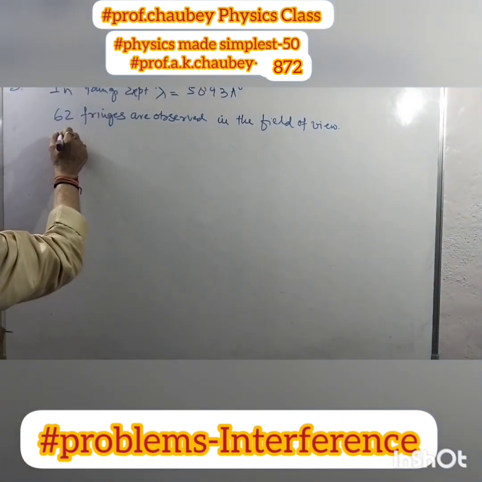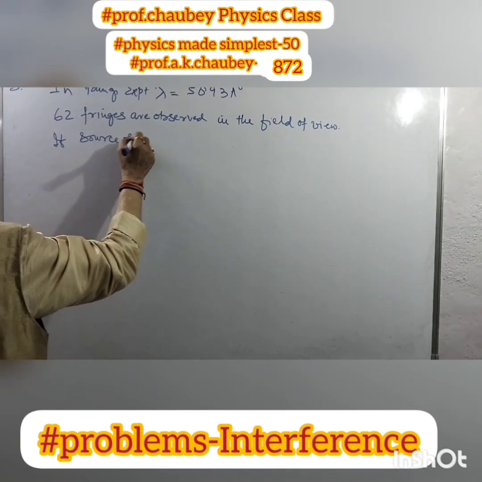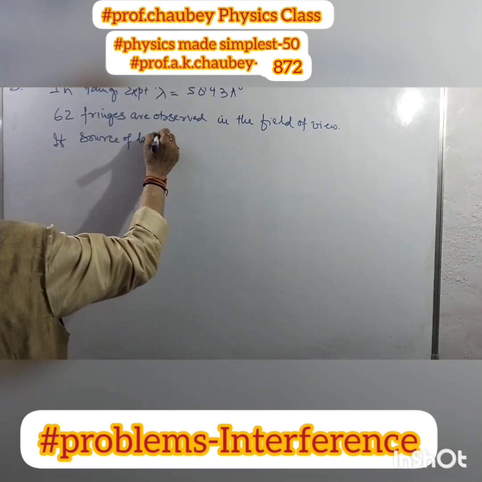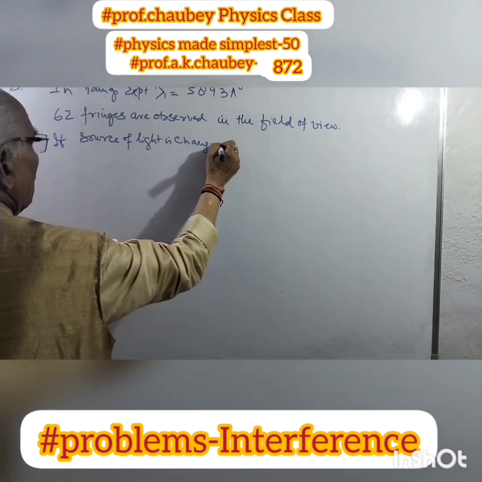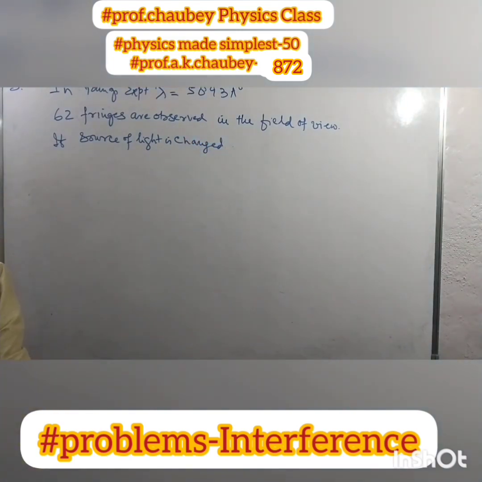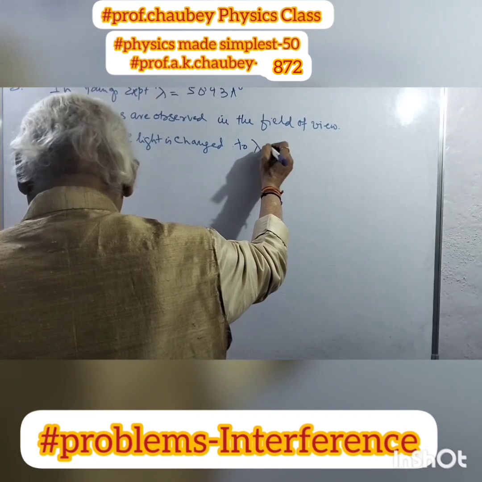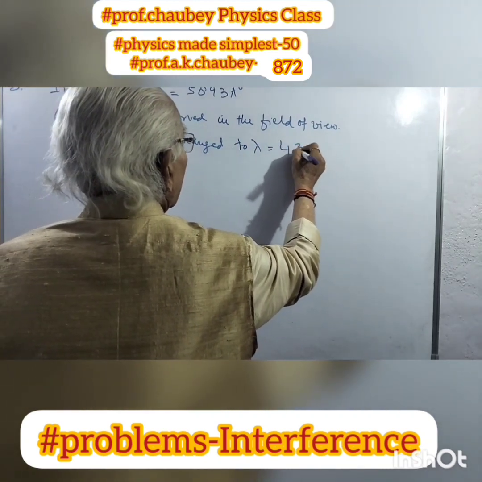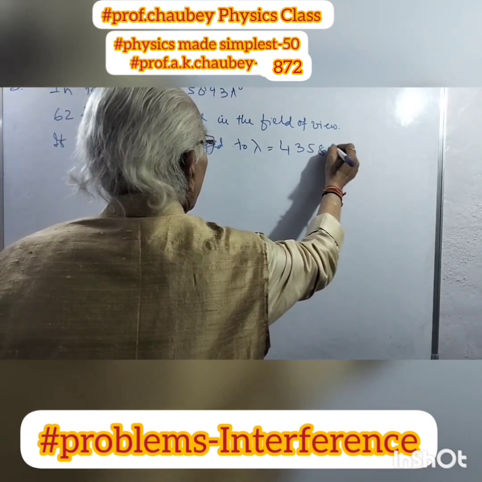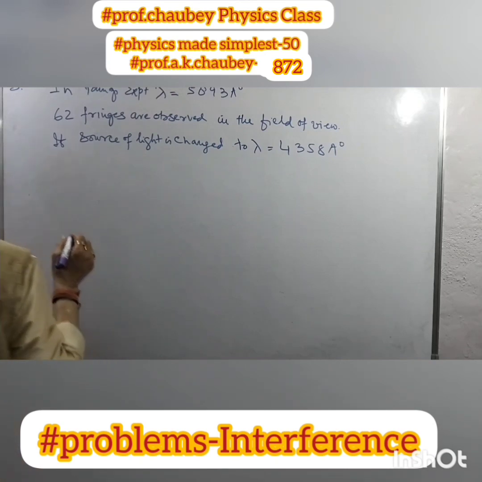If the source of light is changed to lambda equal to, say, 4358 angstrom, now the question is, how many fringes will be observed?